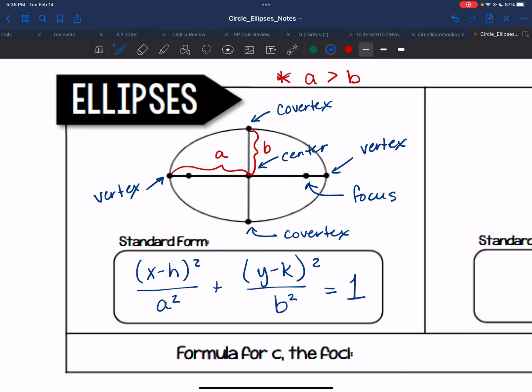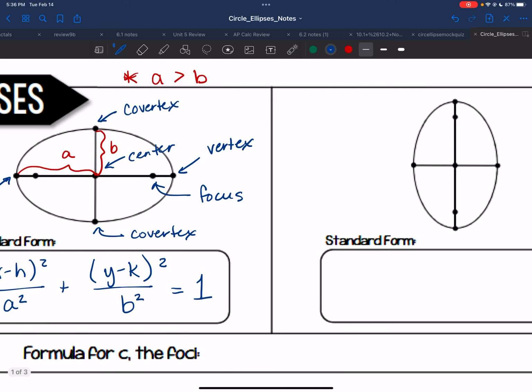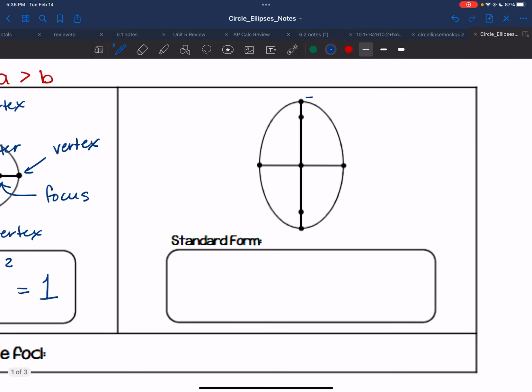We also have a vertical version. This also has a vertex on the elongated side, a covertex on both sides, still has a center, and still has a focus, and those are mirrored, of course, on the other side.